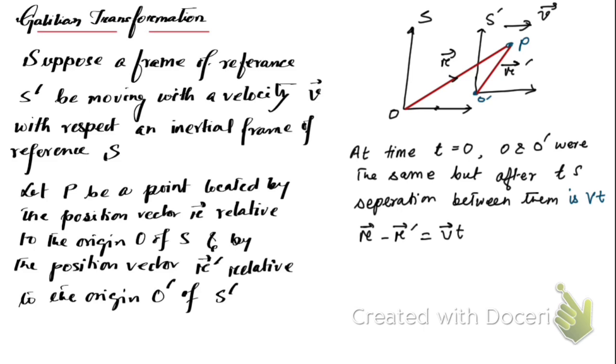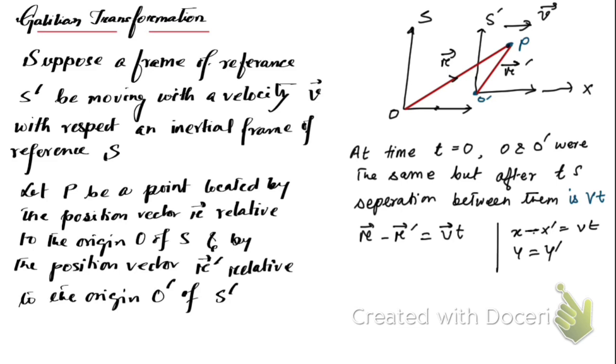I have considered that it is moving along the x-axis, so the separation is given along the x-axis. Suppose y and z remain the same, then we can write x minus x dash is equal to v into t, and y and y dash are both the same.